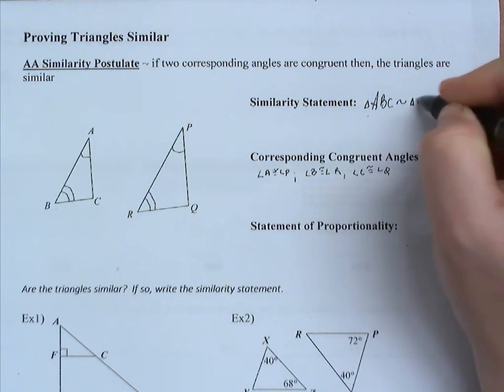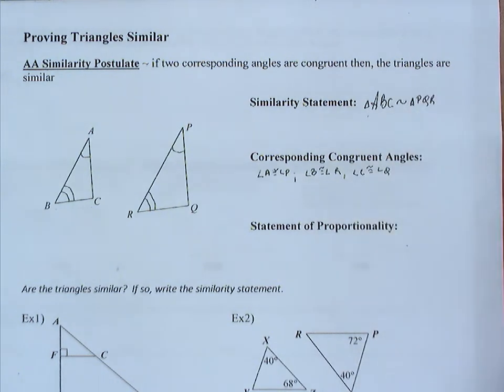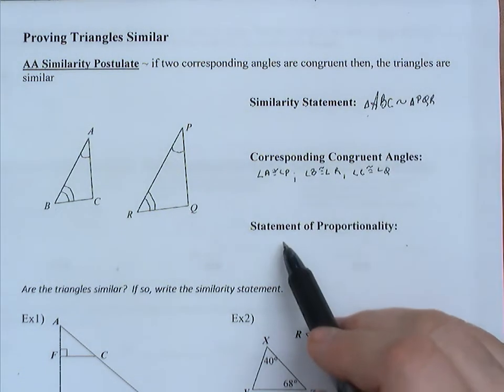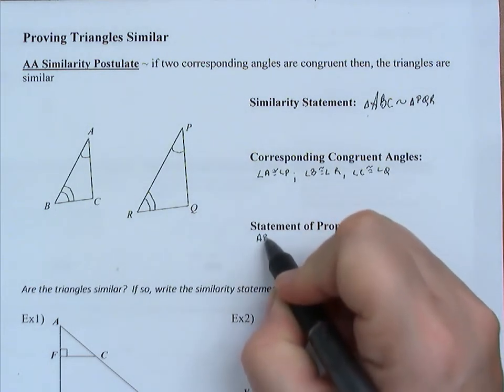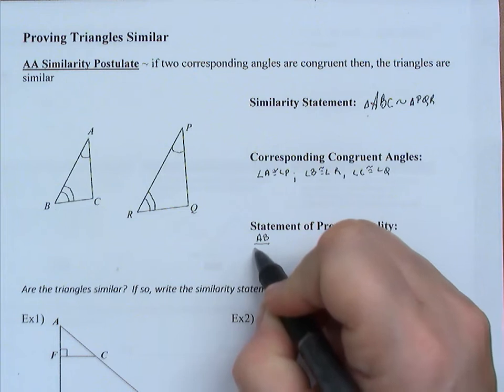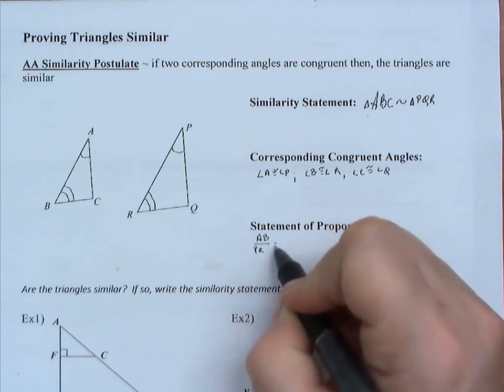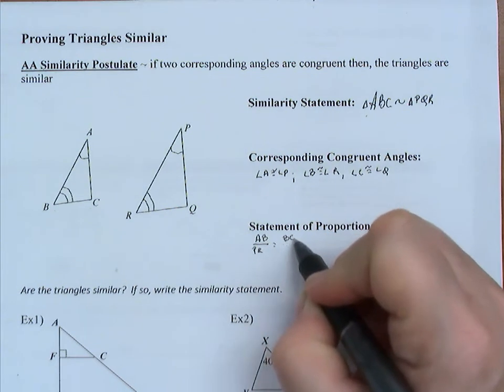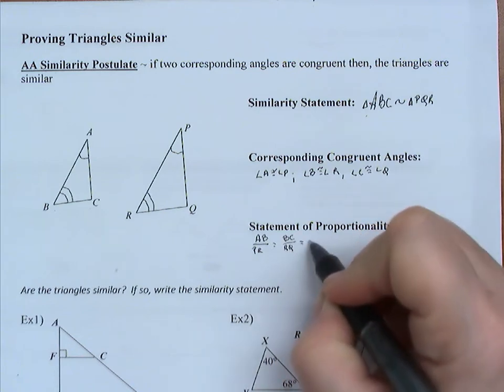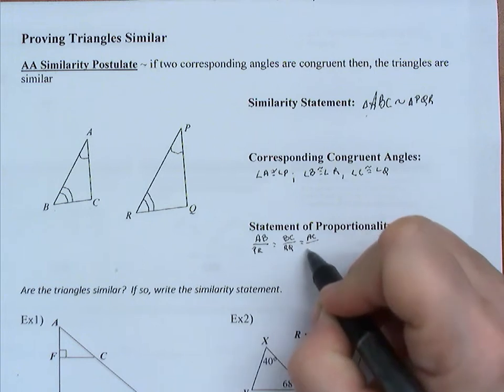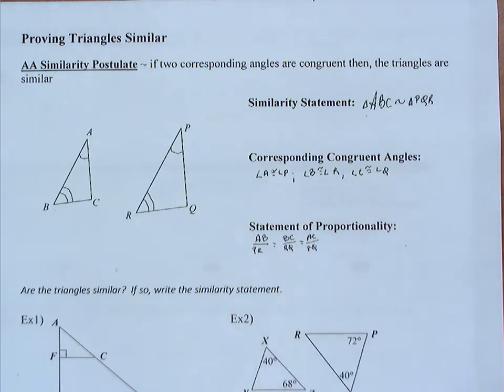Make sure you're matching up the corresponding pieces. And my statement of proportionality, basically all my sides are proportional. So the length of AB is to PR as the length of BC is to the length of RQ, which is also the same as the length of AC to the length of PQ.